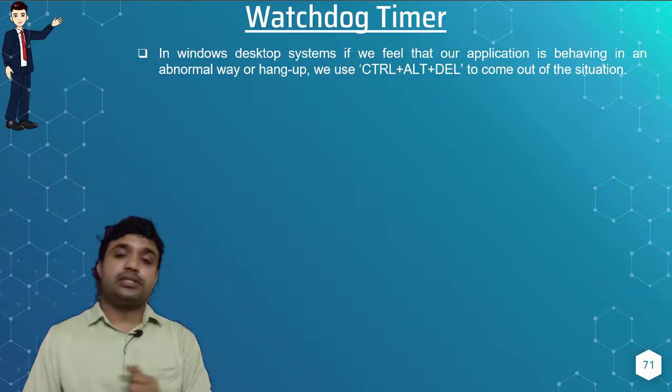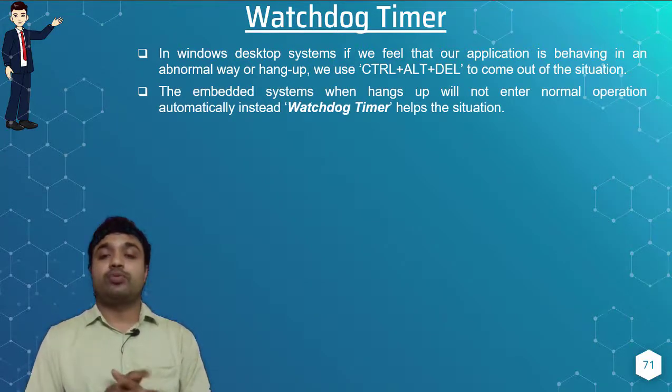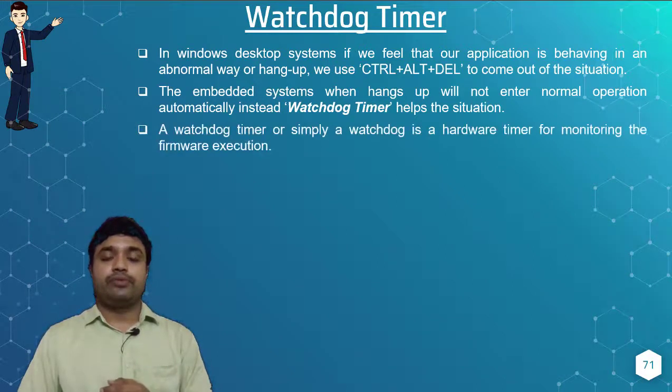But what about embedded systems? Embedded systems make use of the watchdog timer to come out of such a situation, since an embedded system does not have much hardware. So a watchdog timer, or simply a watchdog, is a hardware timer for monitoring the firmware execution.